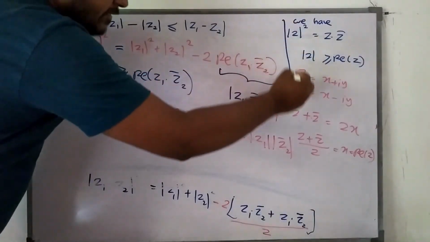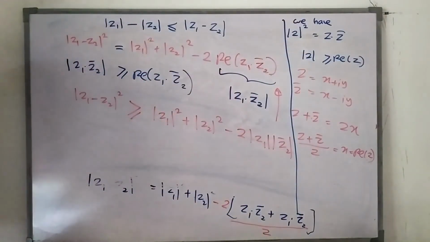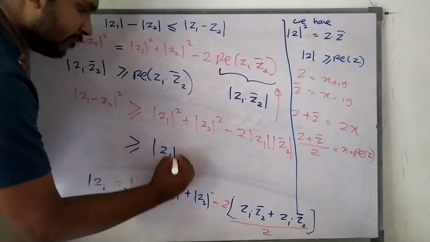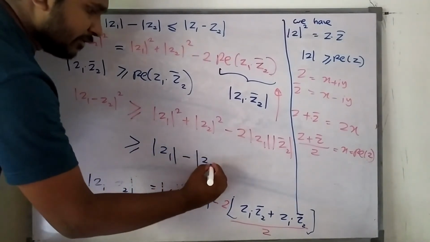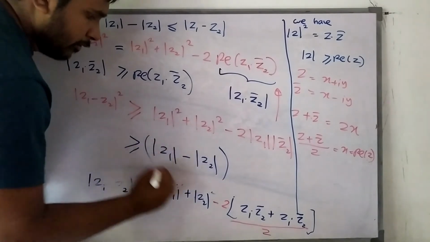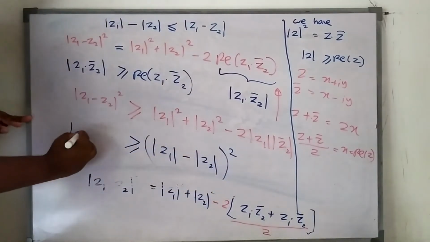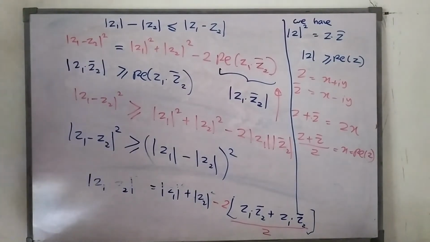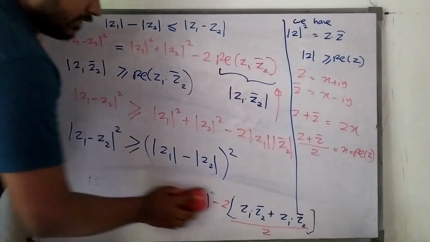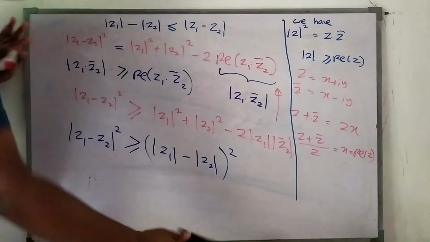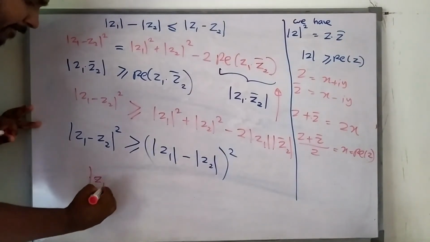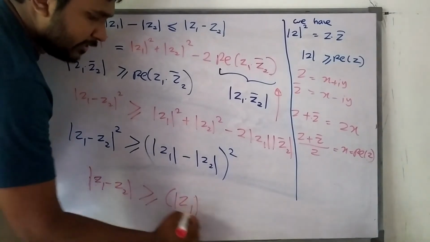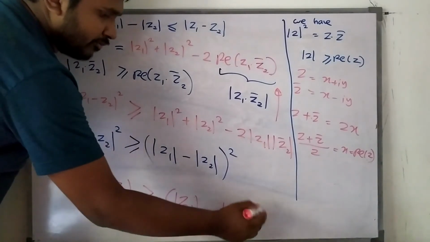So what is this? This is actually (|z1| - |z2|) whole thing square, right? So these are all positive now. Then it is easy to remove the square, and we get |z1| minus |z2|, right?